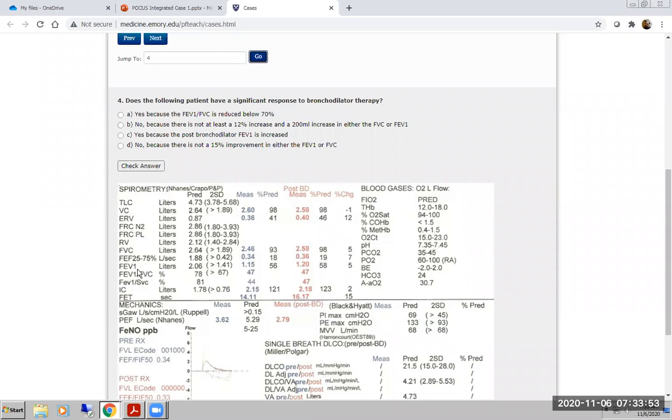And if we go to the FEV1, it goes from 1.15 to 1.20. What is that? 0.05 liters. So we don't have it. So the answer is no, because there's not at least a 12% increase and a 200 ml increase in either the FVC or the FEV1. Great. So simple obstruction, negative bronchodilator response.